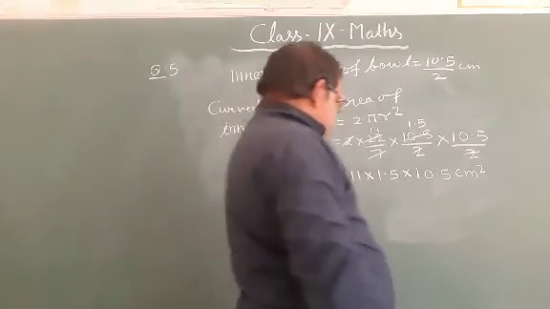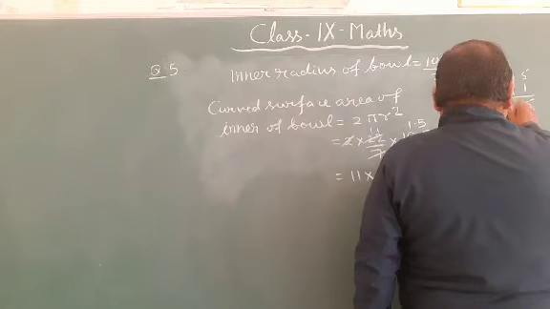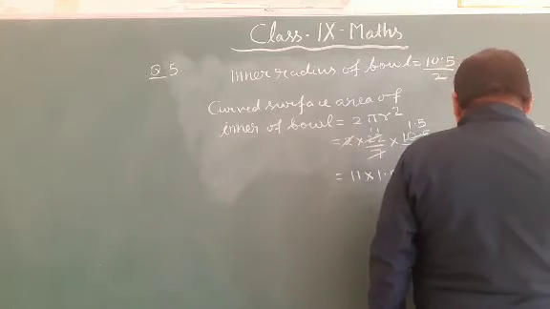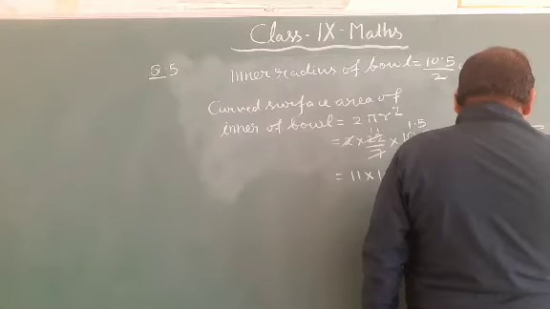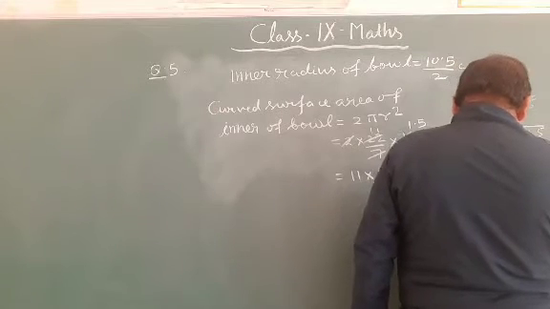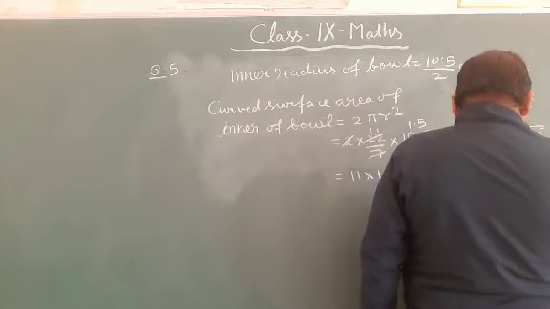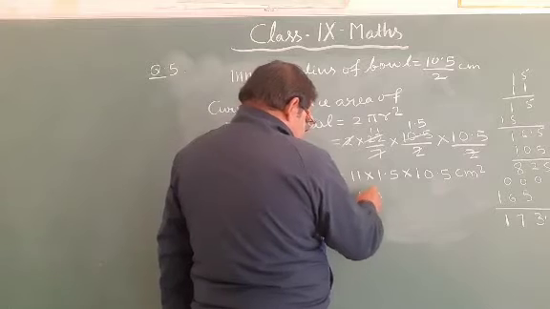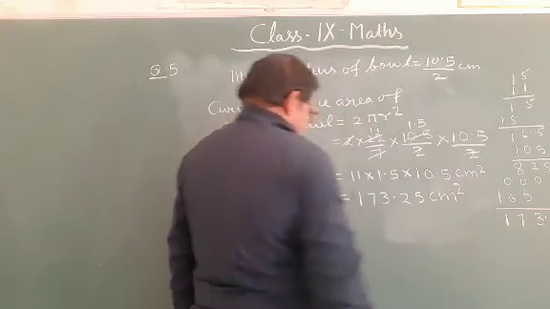Now we multiply, 15 multiply 11, 16.5 and 10, that is 173.25 centimeter square.